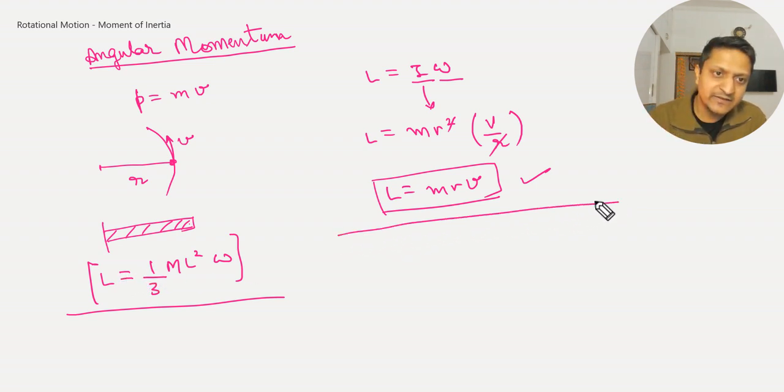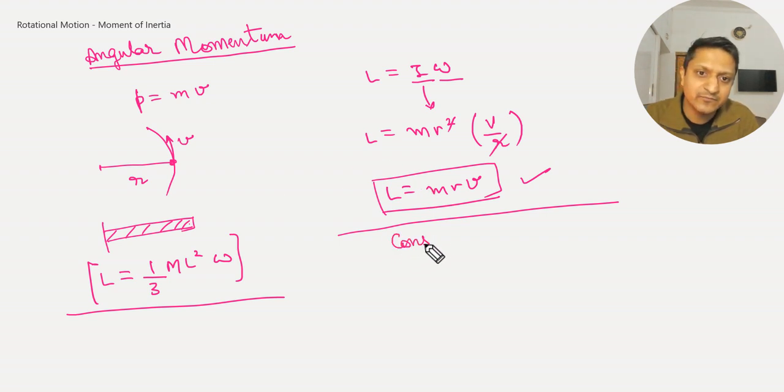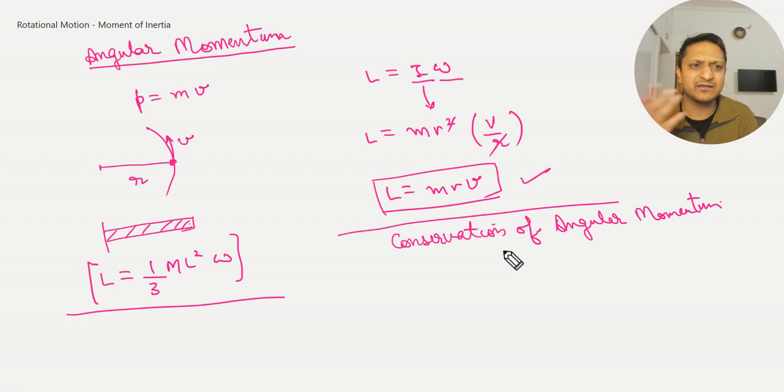Second and the last in this is conservation of angular momentum. So if you remember, there is conservation of momentum where we say that P initial is P final.